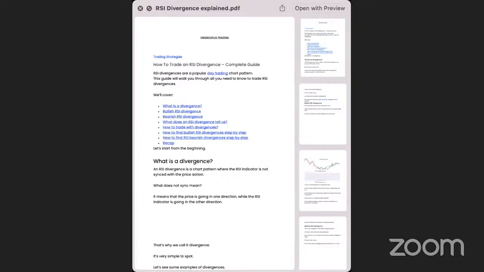Let me know which one is better. Someone says no screen. Is it better that way or are you not seeing it? Let me know. Can you read? Can you see it better now? Is it better now? Good.